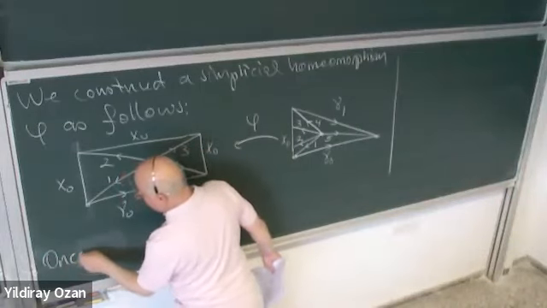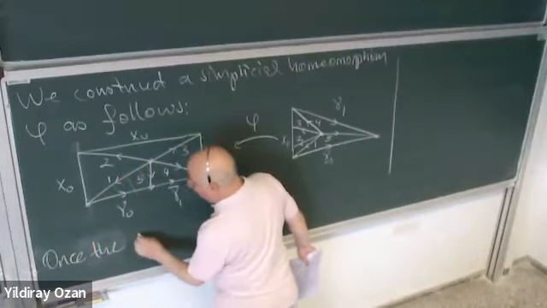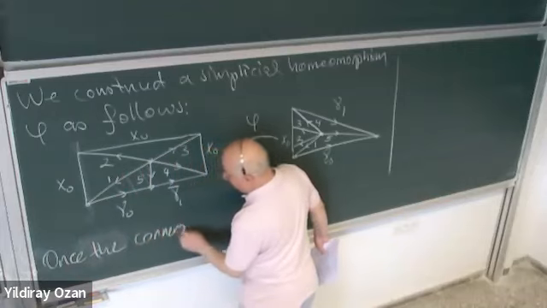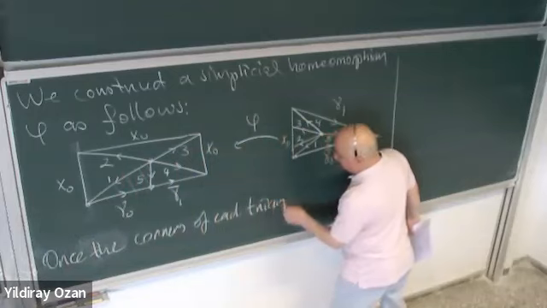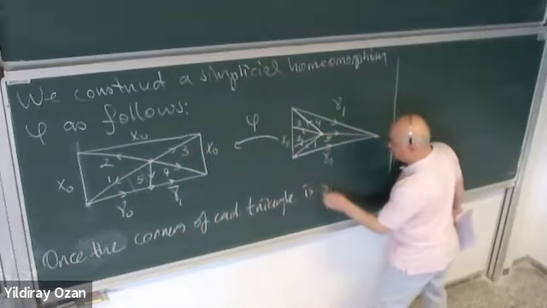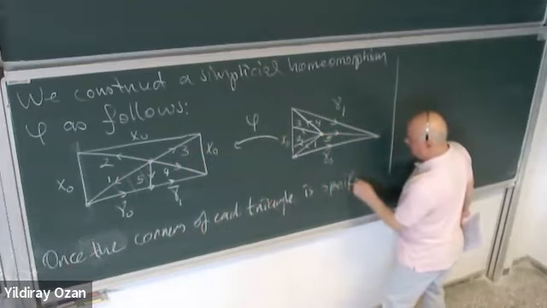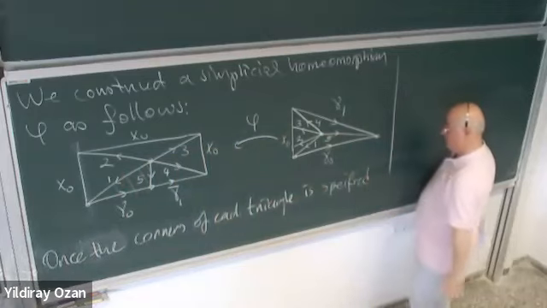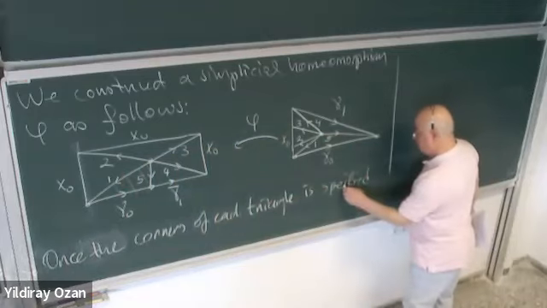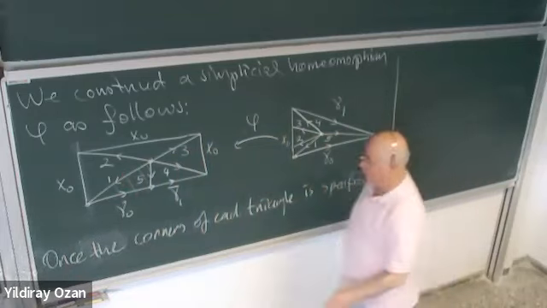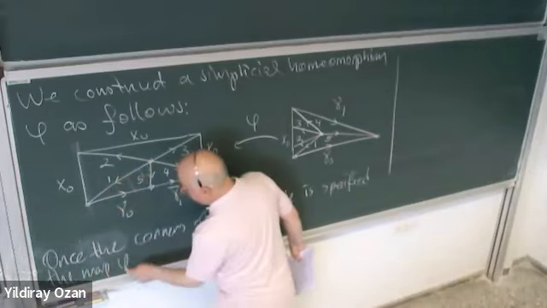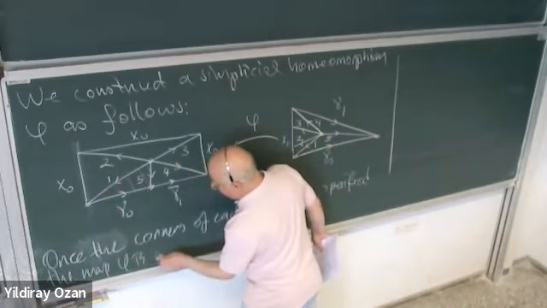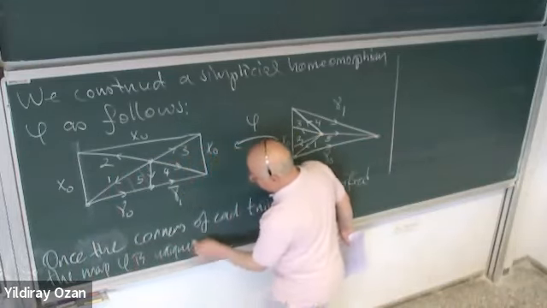Once the corners of each triangle is specified, the map is uniquely determined.